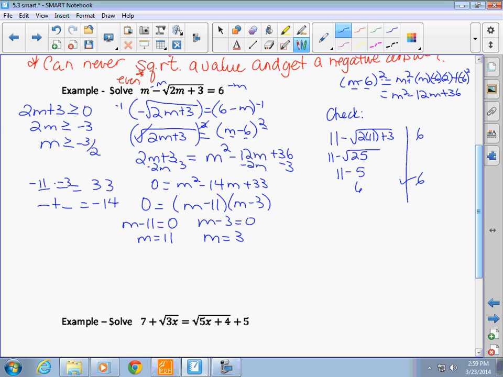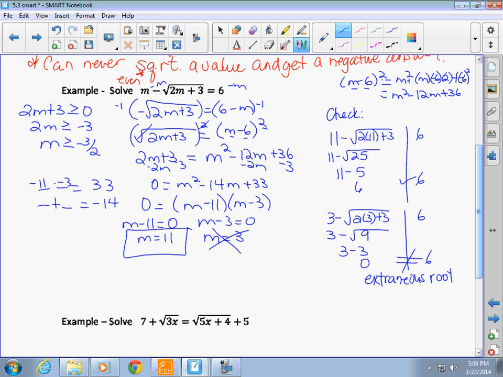Now I need to check it for 3. 3 minus the square root of 2 times 3 plus 3 equals 6. 3 minus the square root of 9. So 3 minus 3 is 0. Doesn't work. So this is an extraneous root. I cross it out, put my box around m is equal to 11.